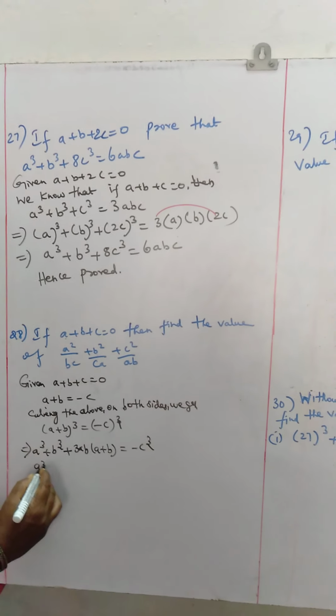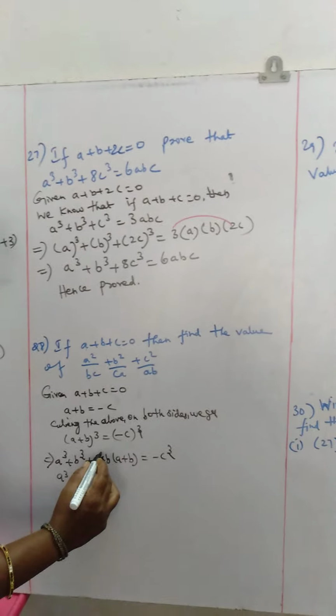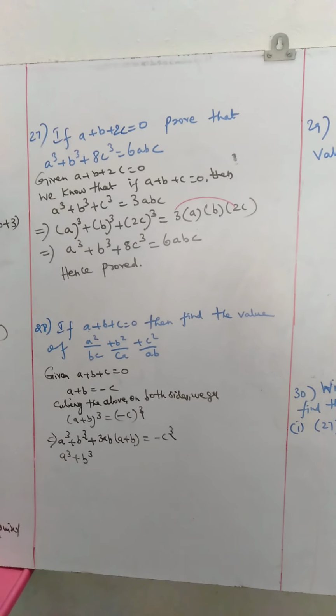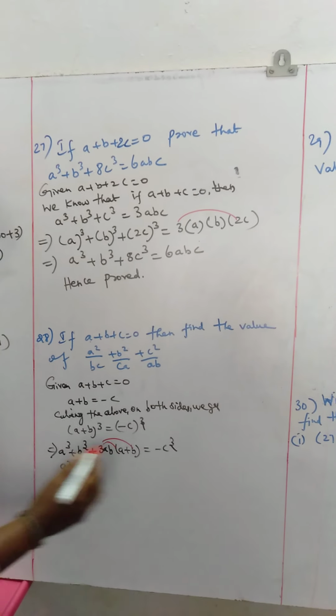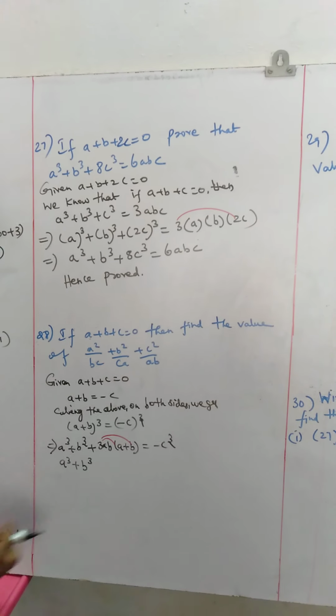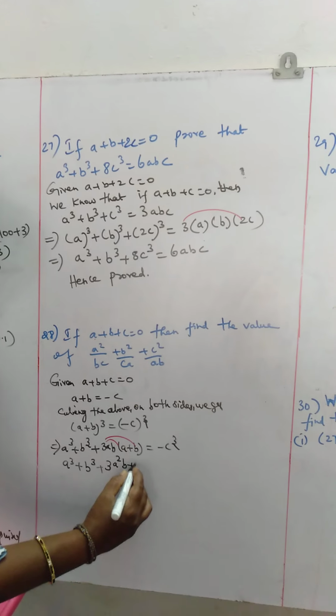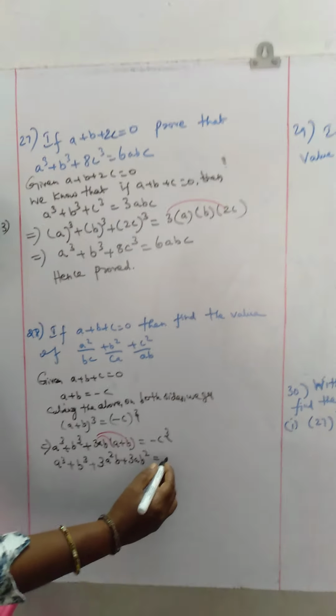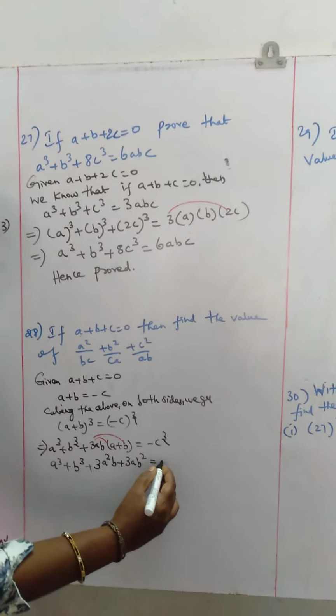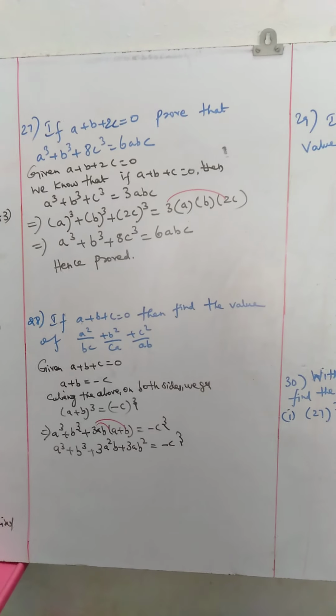Okay. So this can be written as a cube plus b cube. The same identity you already know. Even that way also you can write it, but I am writing this way: 3a square b plus 3ab square equals minus c cube. Okay.